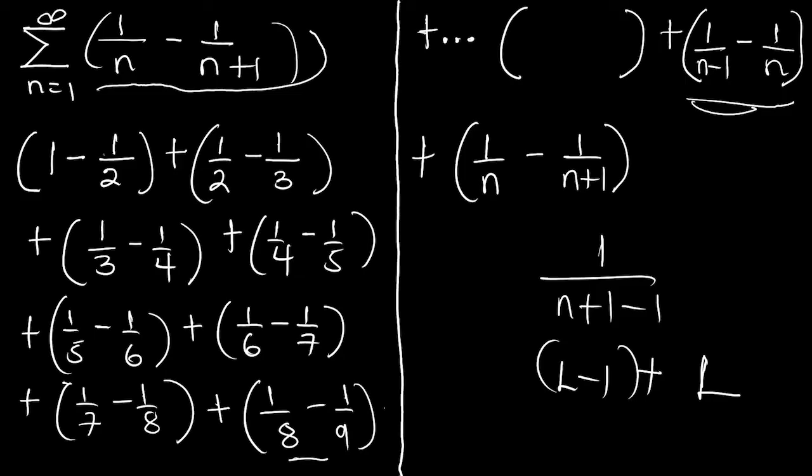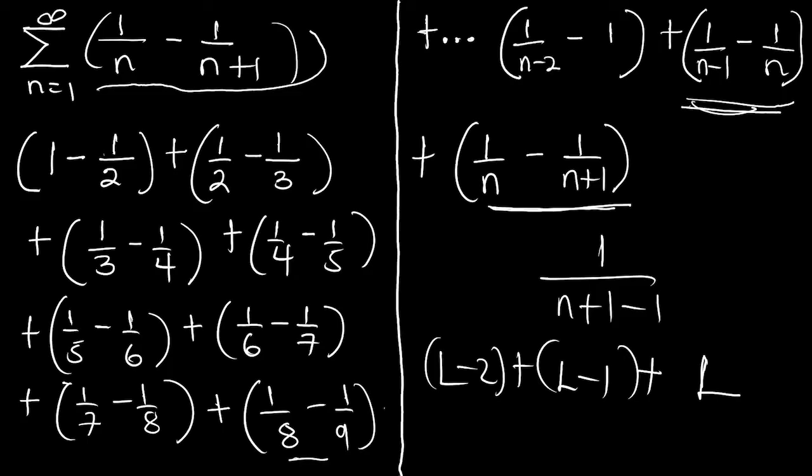So the last but 2 was L minus 2. So here we are going to subtract. You can either subtract 2 from here or 1 from here. So in either case, you're going to have 1 over n minus 2 minus 1 over n minus 1.